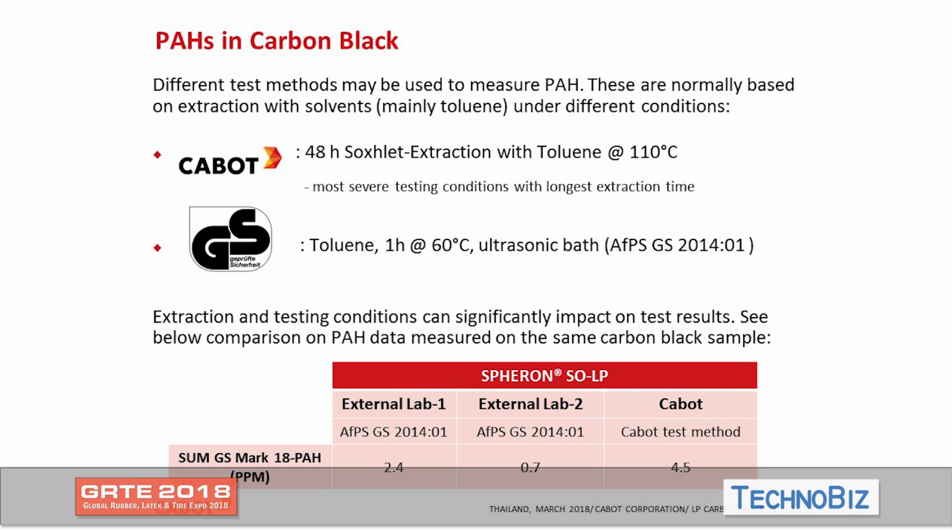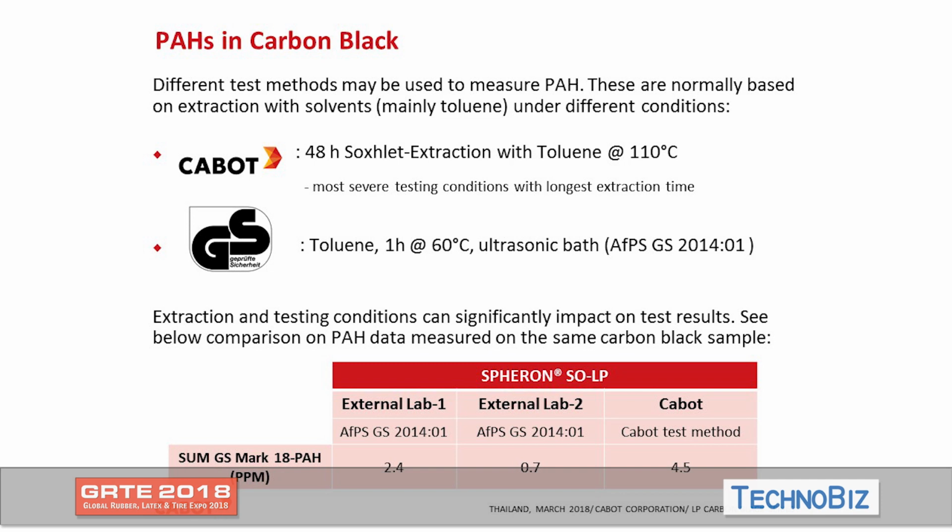Here, how are we going to test the PAH in carbon black? We list the two major methods, pretty common in the world. The thing I want to highlight is that different test methods may be used to measure PAH, and the results are going to be completely different. For Cabot, our standard process uses 48 hours of Soxhlet extraction with toluene at 110 degrees. This is the most severe testing condition with the longest extraction time.